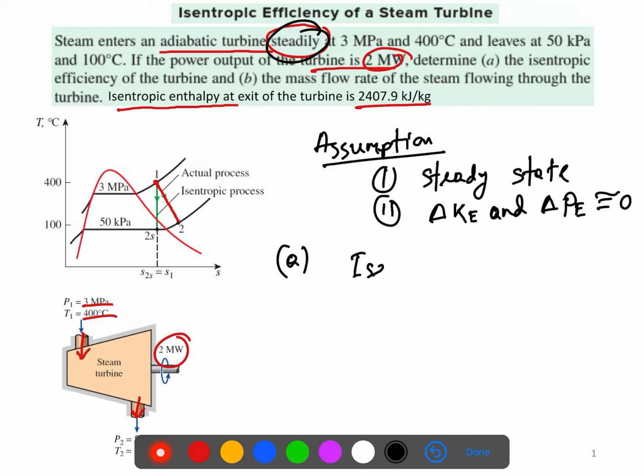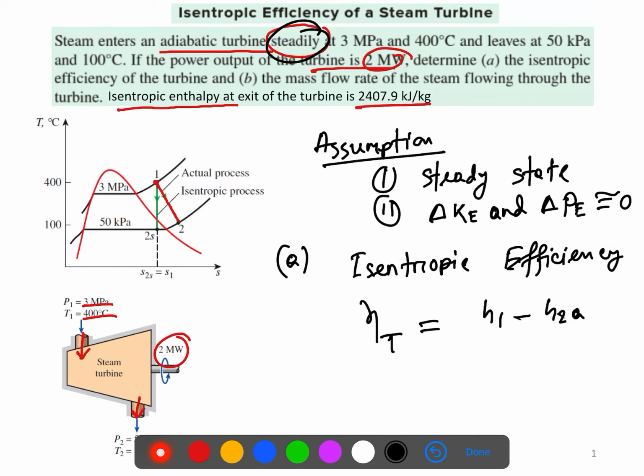Right. So from the definition, the first part of this problem, what we need to calculate is the isentropic efficiency. Efficiency we usually define by eta, Greek symbol, and for a turbine we say T. So eta T, we know from the formula, is equal to (H1 - H2a) divided by (H1 - H2s).